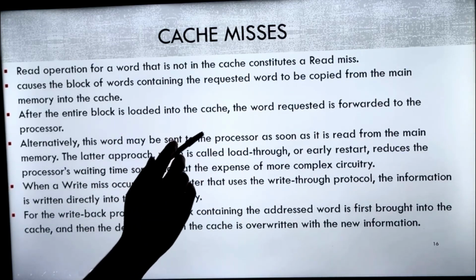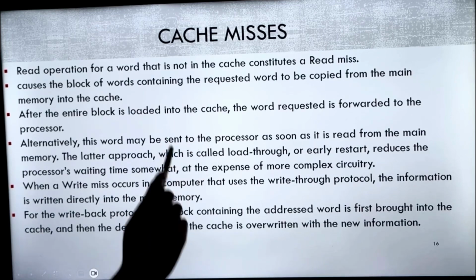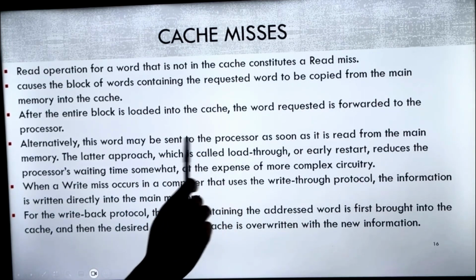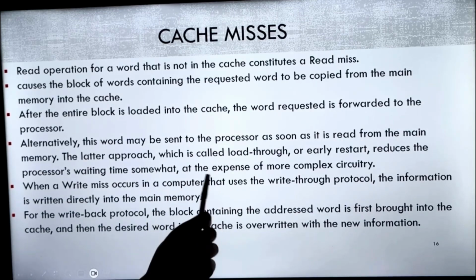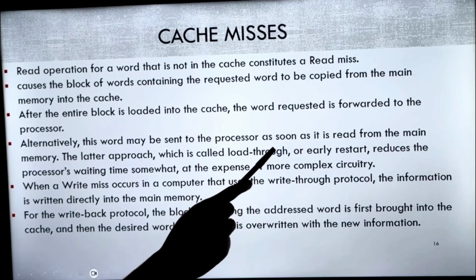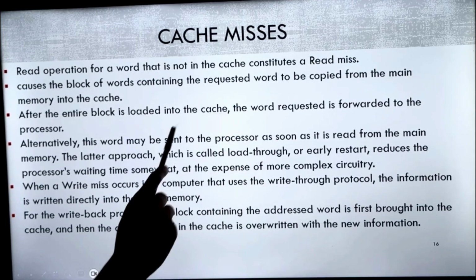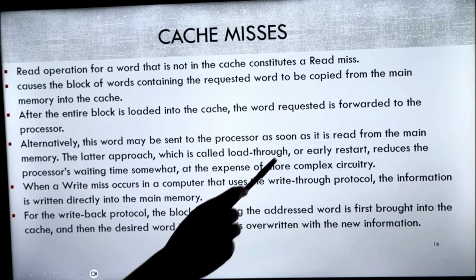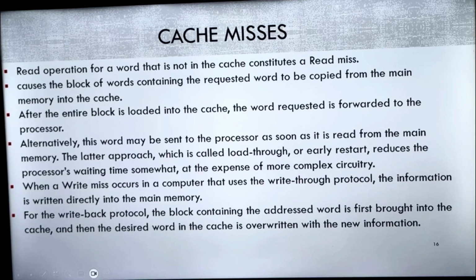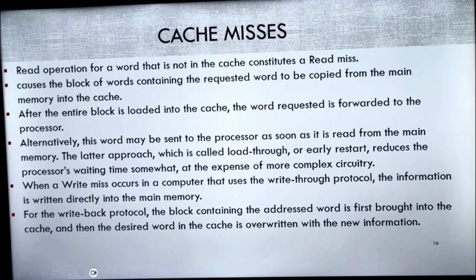In the first option, whenever you request something from your cache and it's not there, your cache requests it from main memory, then main memory can directly send it to the processor and at the same time send it to your cache also. If you are doing this, this is called the load back protocol.